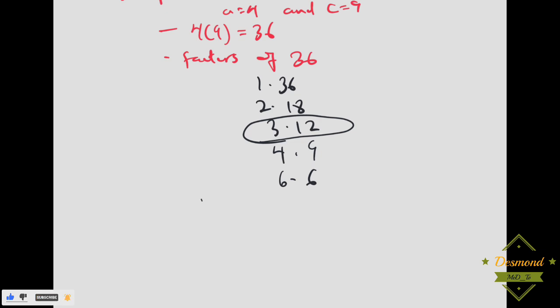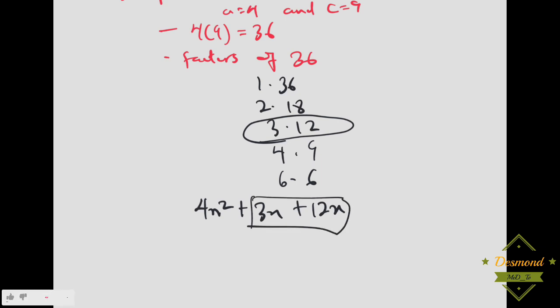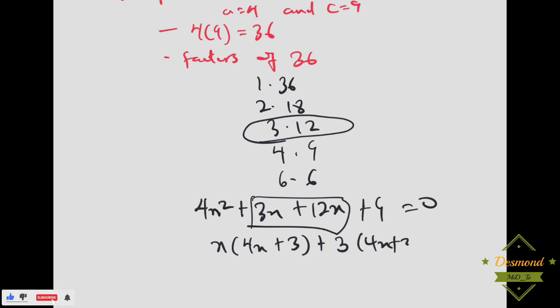We write 4x squared plus 3x plus 12x, that's the pair that we got, plus 9 equal to 0, right? Then we will have x out, 4x plus 3, then we have 3 out, then 4x plus 3 equals 0, right?